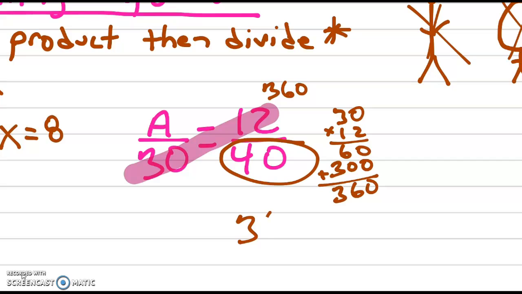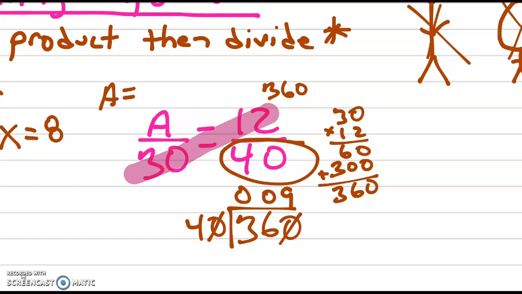So you would do 360 divided by 40. Not very fun division, but we can estimate, instead of having those zeros, 4 goes into 36 9 times, right? 9 times 4 is 36. So it is 9. So that means that A would equal 9.